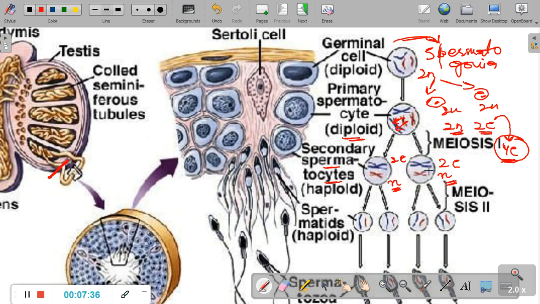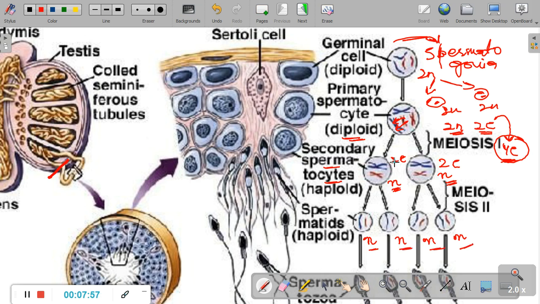Now, after this particular stage, each secondary spermatocyte undergoes meiosis 2, which is greatly equivalent to mitosis. And what we get is that the ploidy remains the same. You see, one of the hallmark properties of mitosis is that the ploidy never changes. So a haploid cell gives rise to haploid cells. Each cell divides into two.